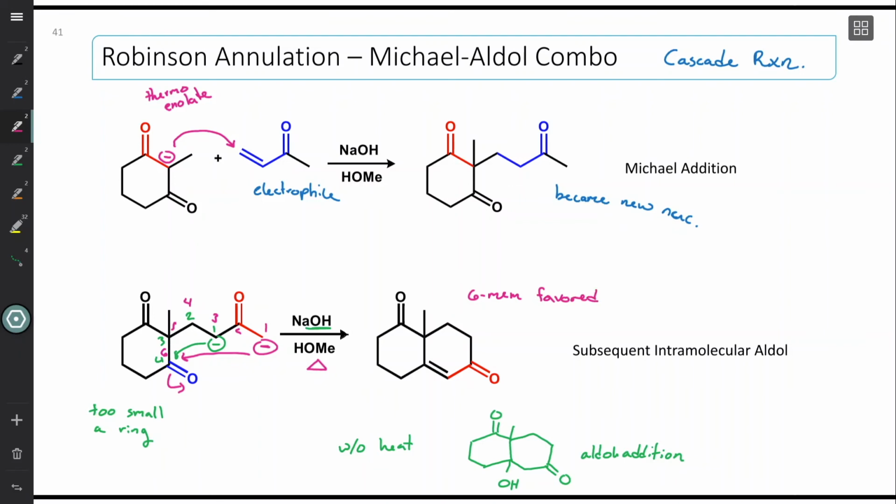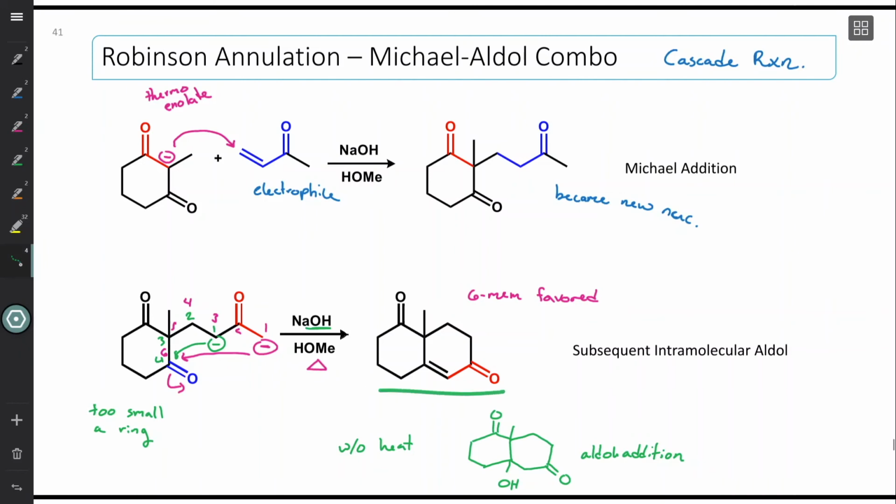So you're absolutely right that this is forming the wrong enolate, but it's forming both. It's just that the minor enolate is actually making the major product, right? So you do actually form both enolates, and only this one gets used in the reaction.